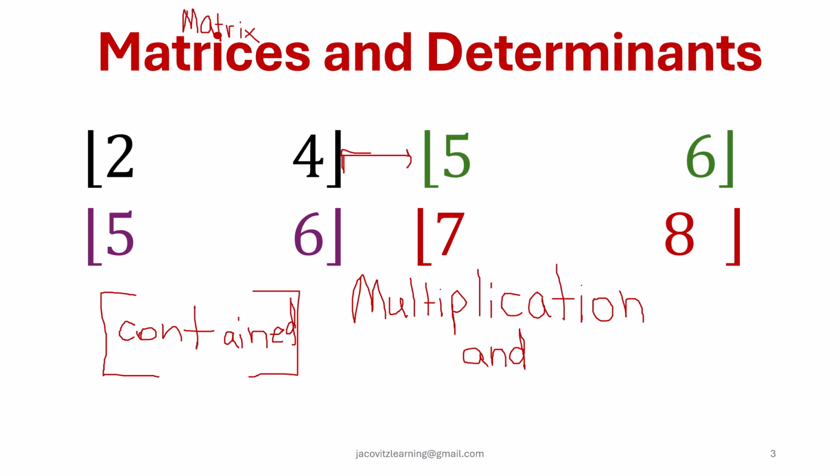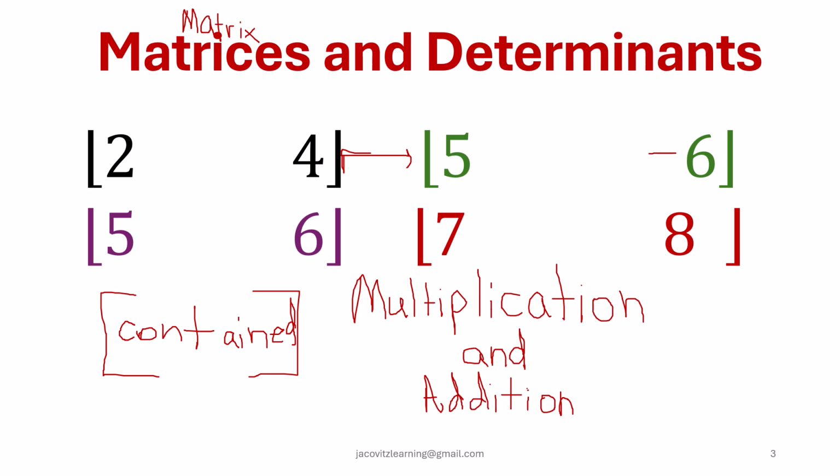But anyway, this is multiplication and addition. Let me tell you how you could make this multiplication and subtraction. One of these would be negative, and that's all you have to do.